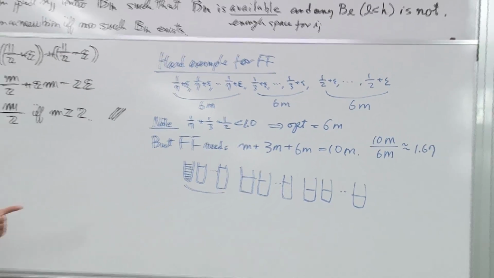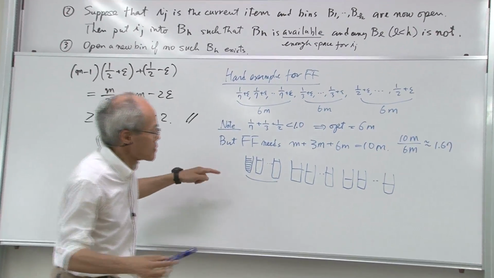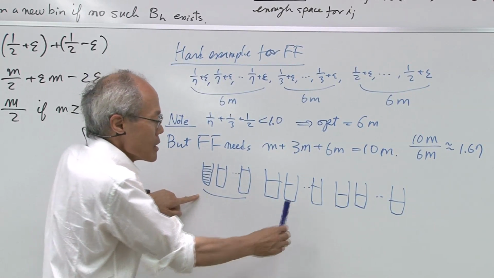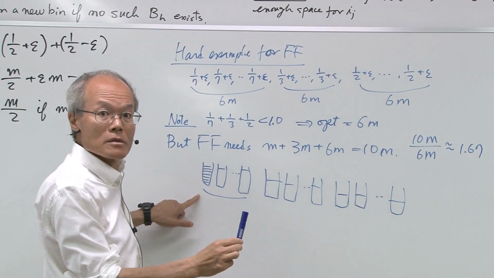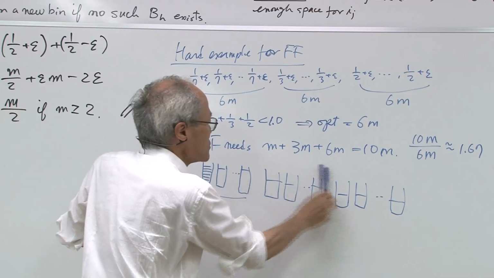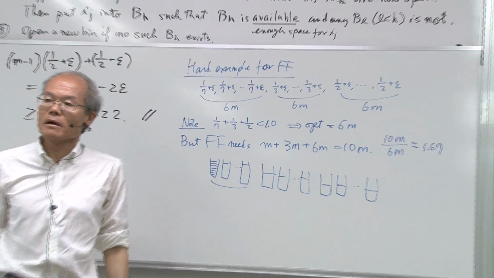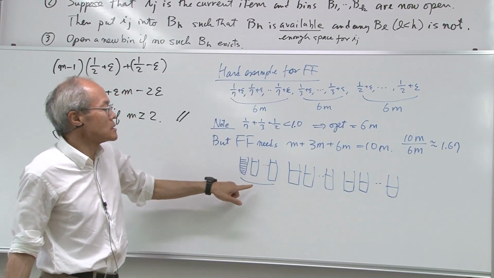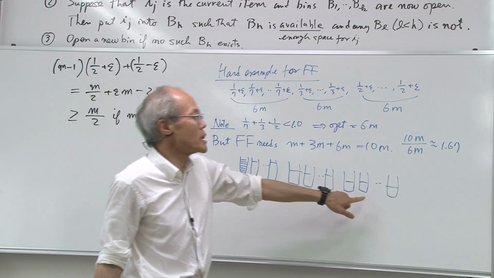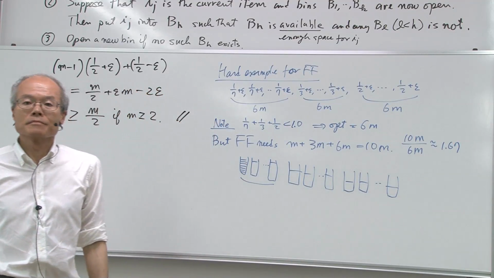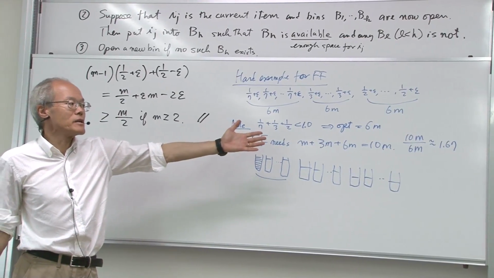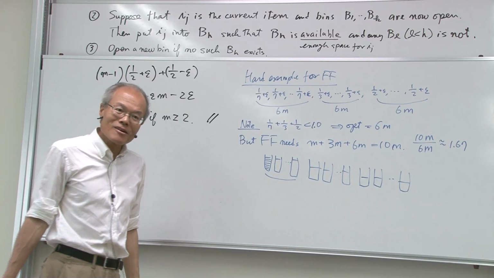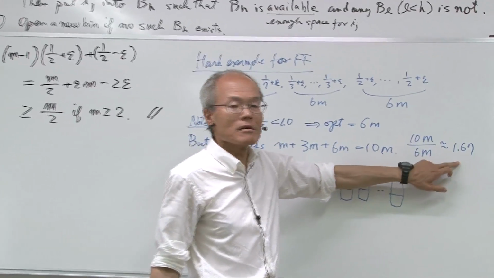But now we are doing first fit, which means we look at the bins from left to right, so after the second group is finished, we can't put this item into any of these bins, right? So that's why the first fit needs m plus 3m plus 6m, which is equal to 10m. So the ratio over the optimal value is something like 1.67. Pretty bad. But notice that it is still better than 2.0.